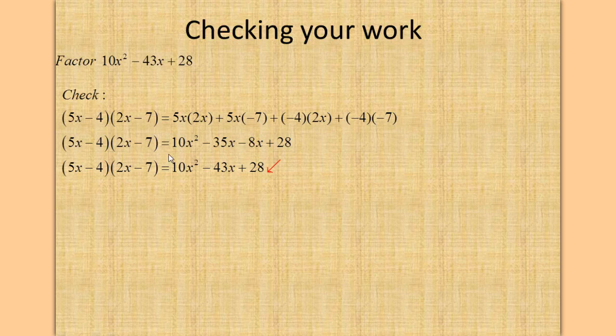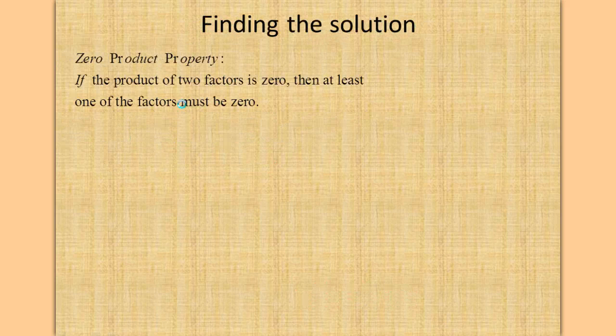Then we do the multiplication: 10x squared, minus 35x, minus 8x, and plus 28. Then we add up our middle terms: 10x squared minus 43x plus 28, and that is our original equation. And so our work checks.